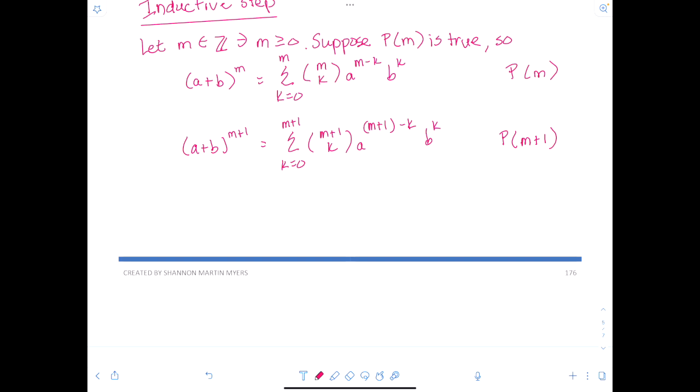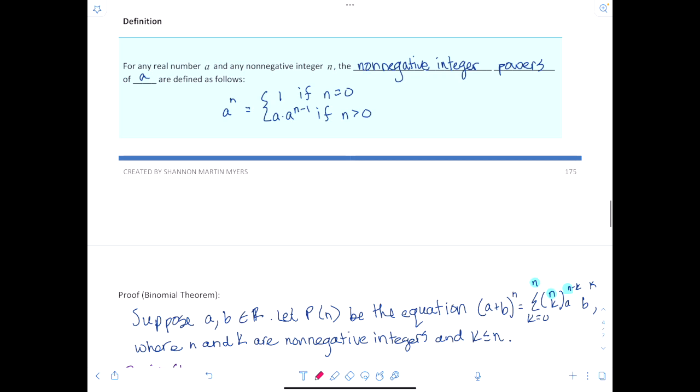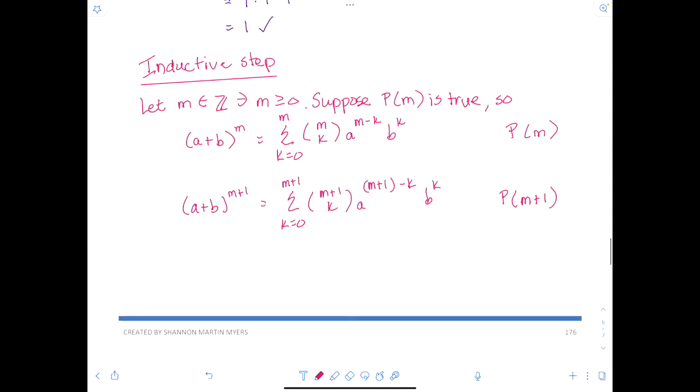So using this little useful definition here, we're going to rewrite a plus b to the m plus 1 as a plus b to the 1 times a plus b quantity to the m, right?